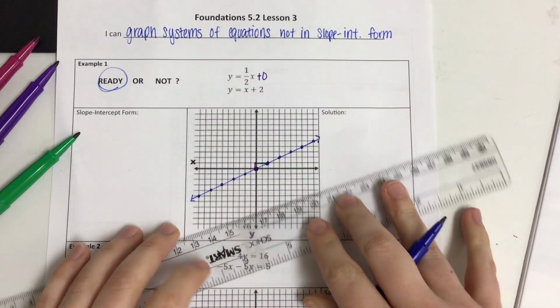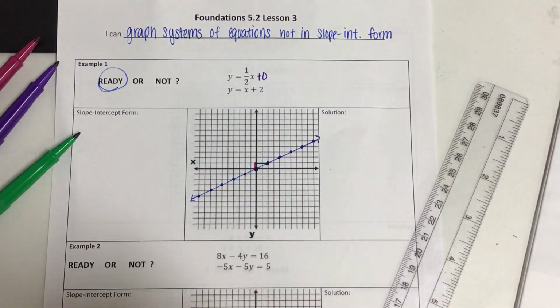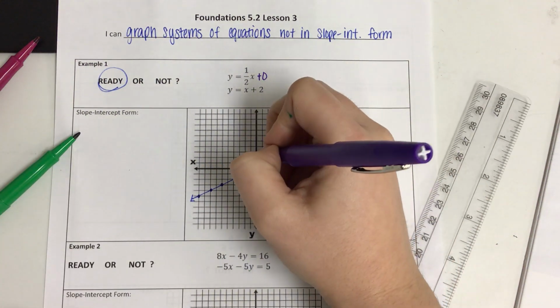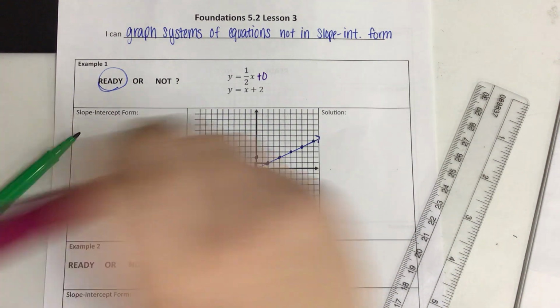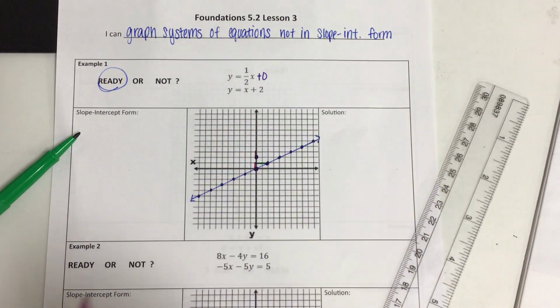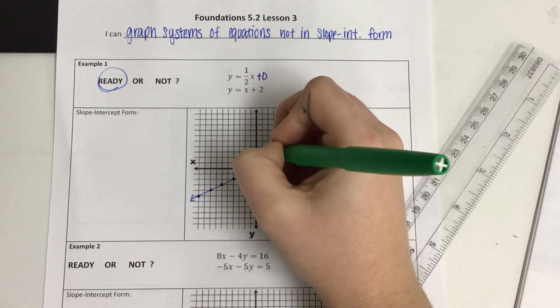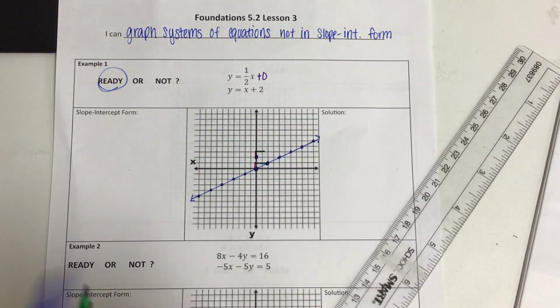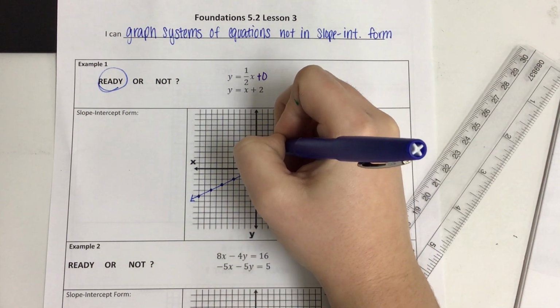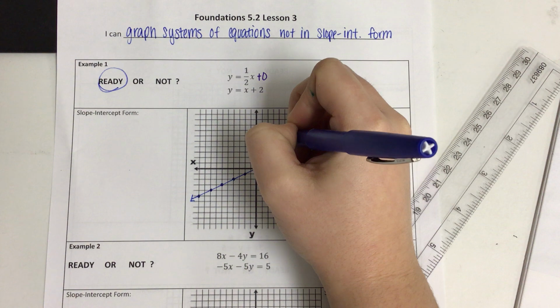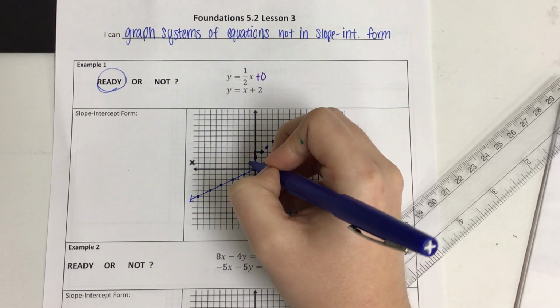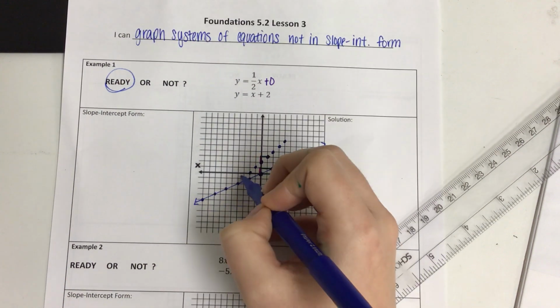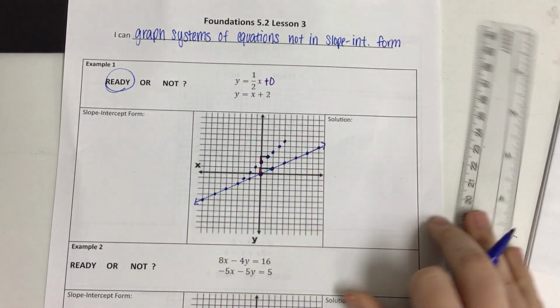And then our second equation, our y-intercept is 2. And we have a rise of 1 and a run of 1. Well, we know this is not really the direction we need to be going to find our y-intercept because we're getting farther away. So let's go the opposite direction. Be really careful right here at this point because it almost hits the line, but not quite.